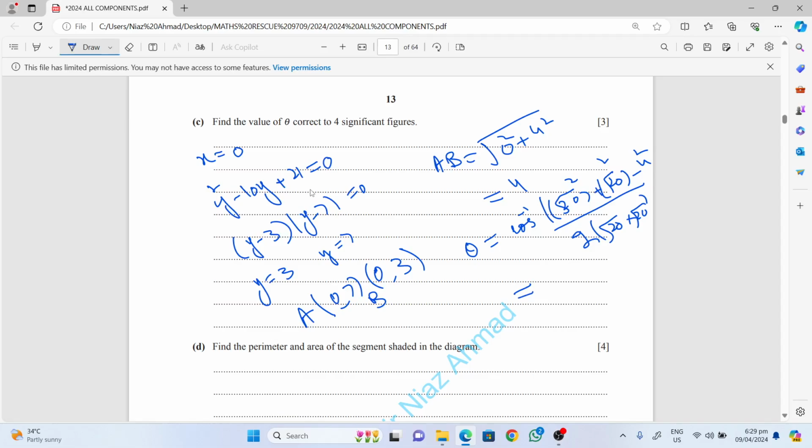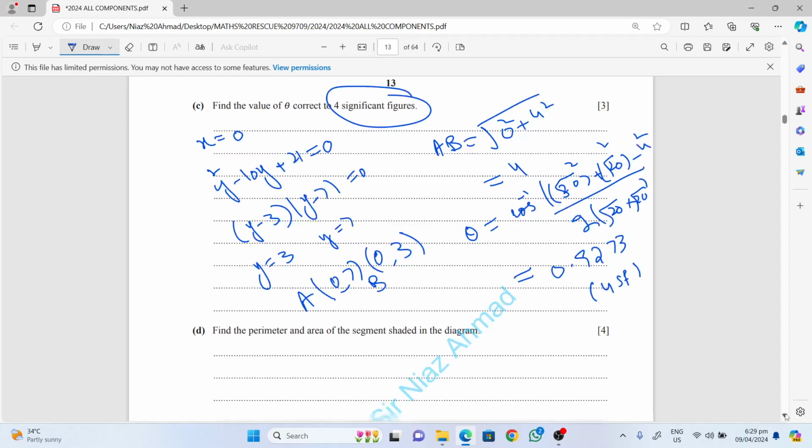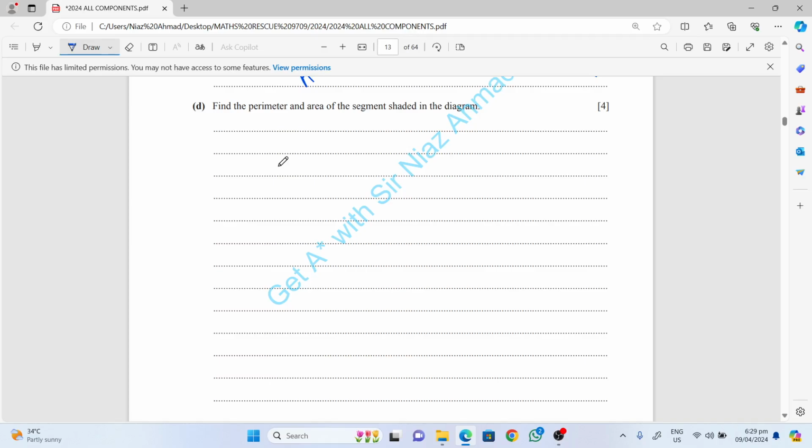Use your calculator and the angle will be 0.9273 till 4 significant figures. So we got our answers till 4 significant figures.